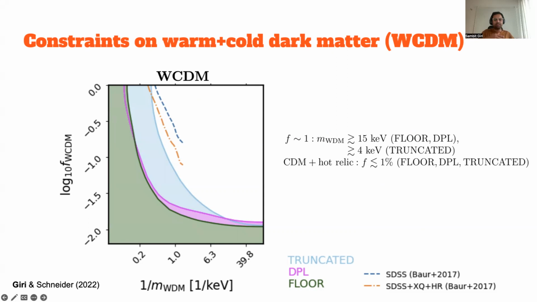Here they correspond to the DPL and the floor model. And to quantify this improvement for the floor and DPL model, the constraints will be improved by 4 times with 1,000-hour observations with SKA.